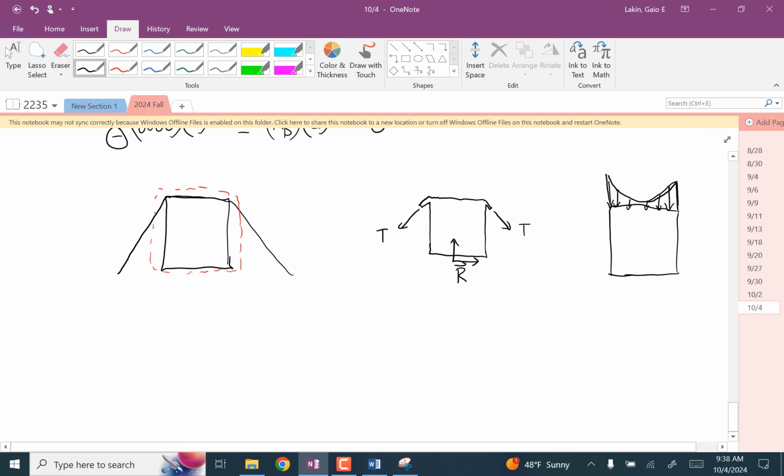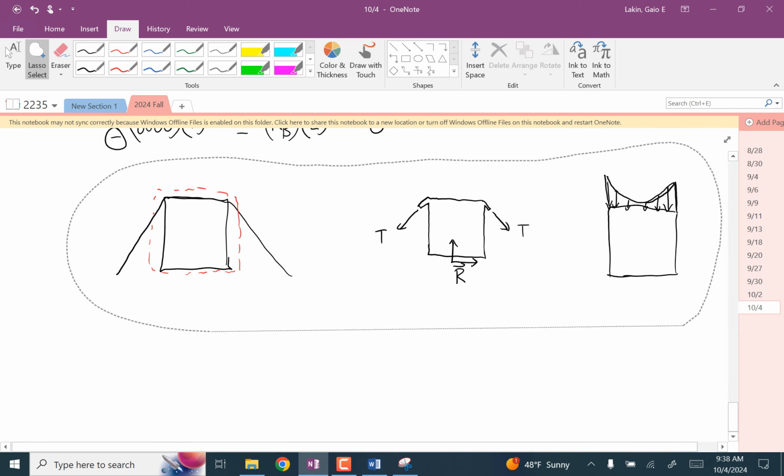We'll get into internal loads later on. But that is the distinction between whether you're treating this as a rigid body and trying to calculate external things, or whether you're treating it as a deformable body and trying to calculate internal things. Okay, I'm erasing this. A good thought experiment.